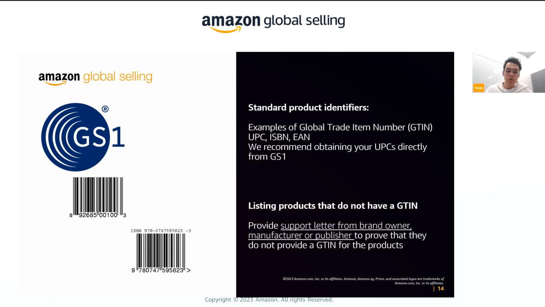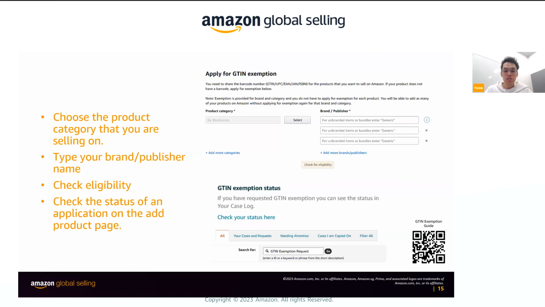And for resellers, you have to get your manufacturer or publisher to give you the approval before you're able to list it. A simple GTIN exemption allows you to list on Amazon without having your own barcode. It's a simple step. You just scan this QR code that will give you a GTIN exemption guide.